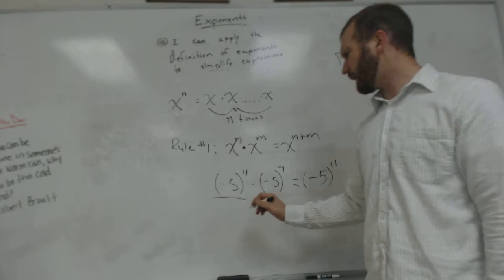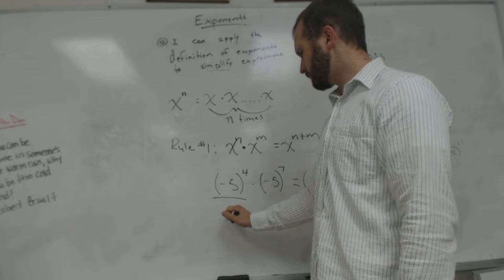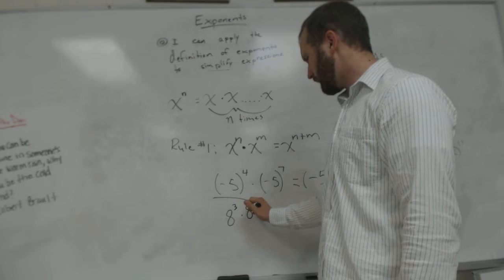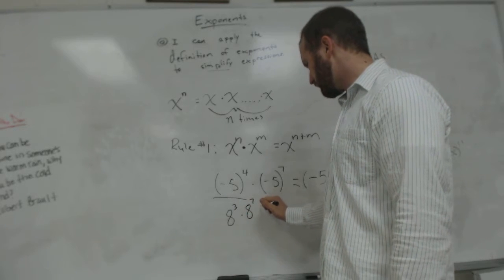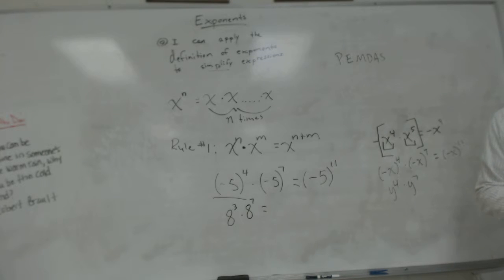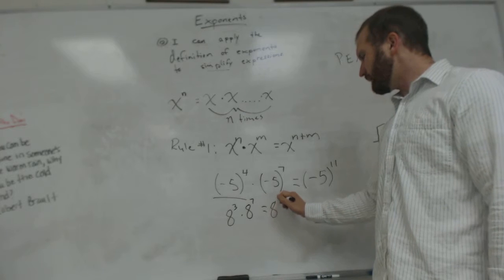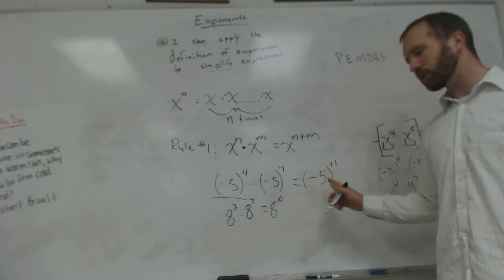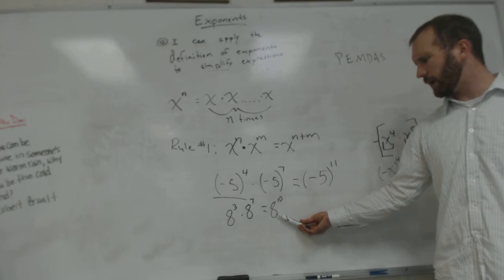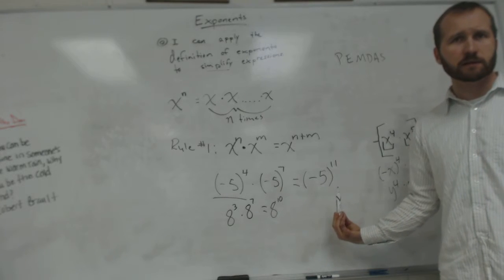Okay, what if I had this? 8 to the third times 8 to the 7th. What would that be? 8 to the 10th. Now is it possible to simplify these further, because I only have numbers? Technically I could find out what 8 times 8, 10 times is.